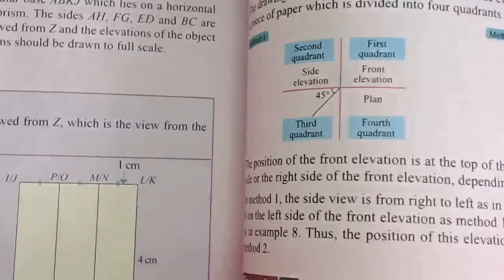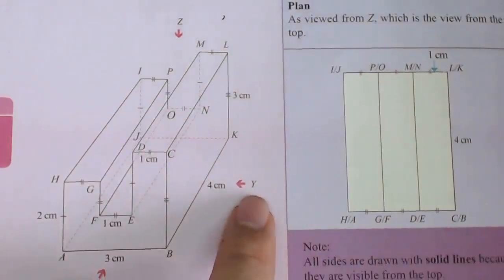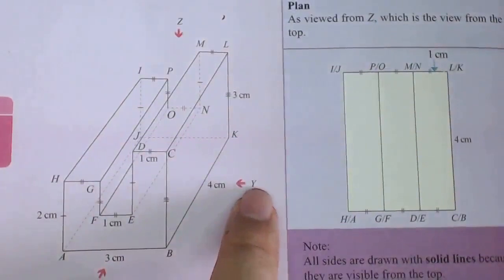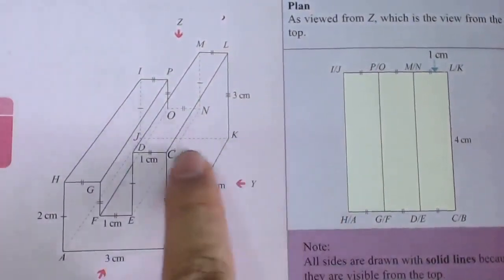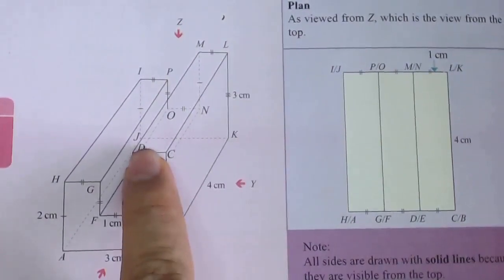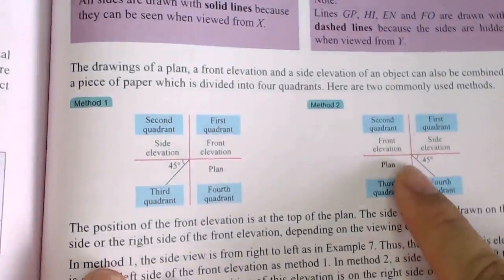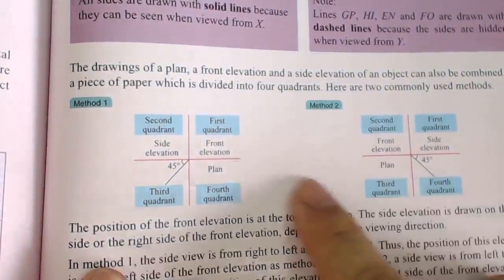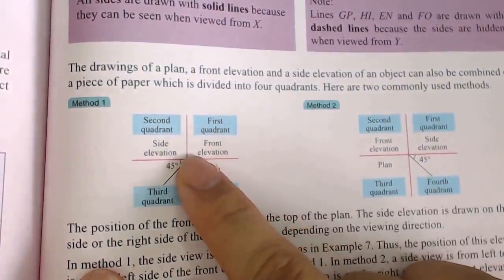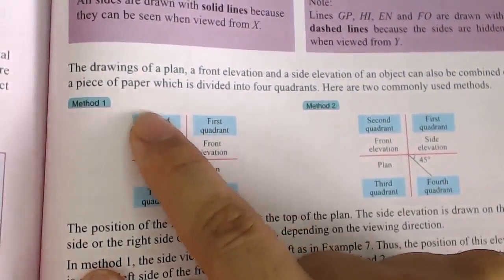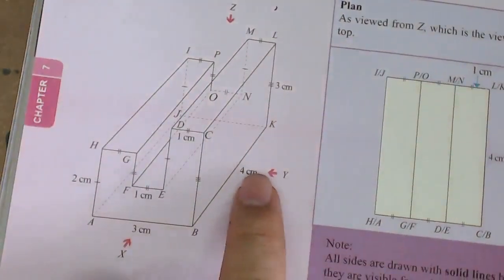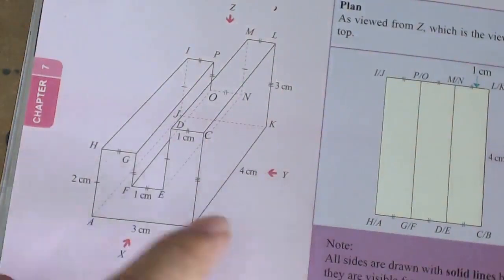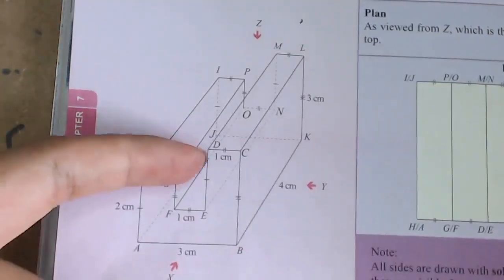If you refer to the viewing direction of Y, if you want to see it this way, you're going to have method number one. So here, you're going to see the object on the right side.